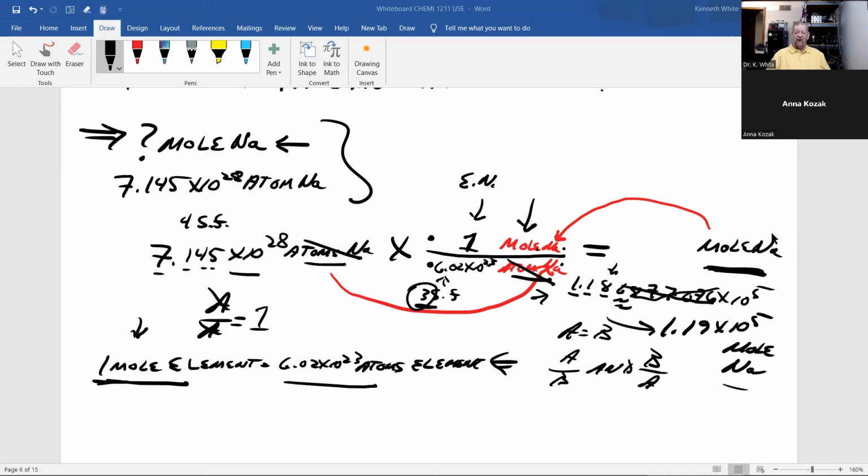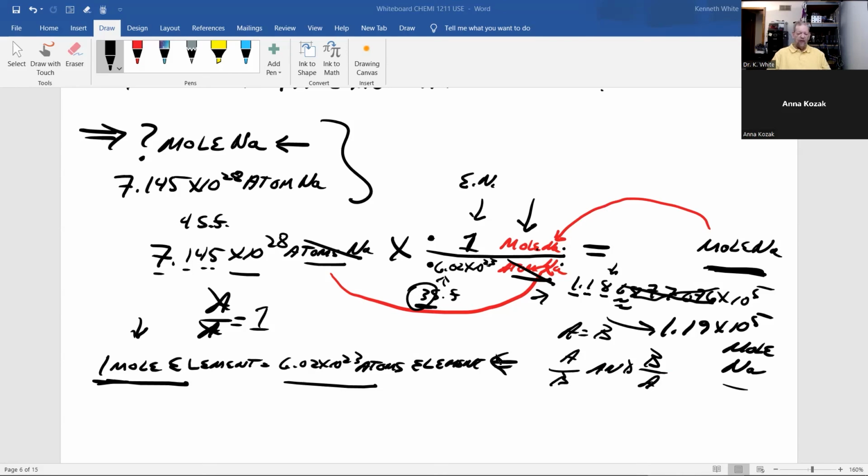What units do I want my answer in? We figured that out. And then this ratio will convert atoms of sodium to moles of sodium. You use your good friend, unit analysis. Whatever I'm trying to get to goes on top of the ratio of the units. Whatever I'm trying to get rid of goes underneath. Where do I get these numbers?